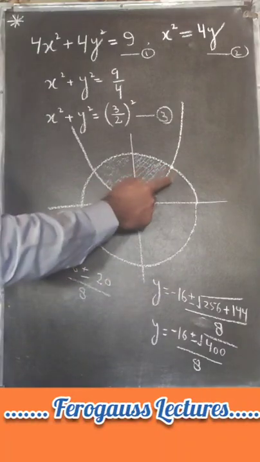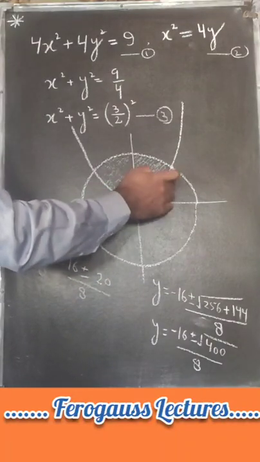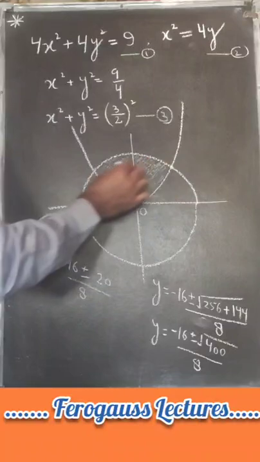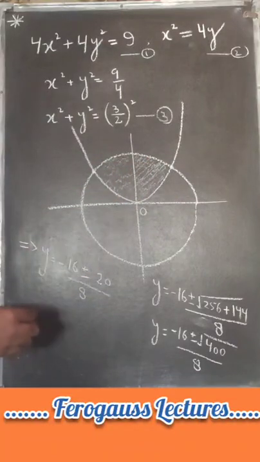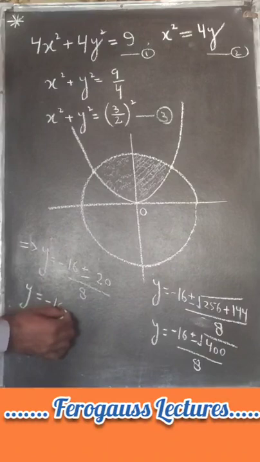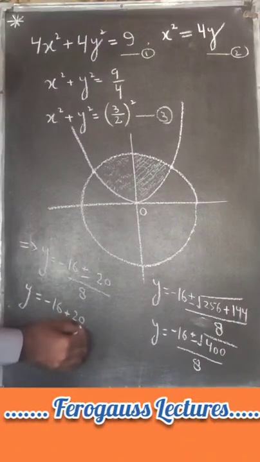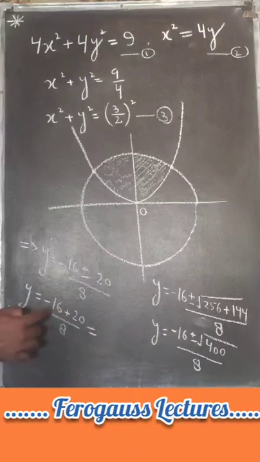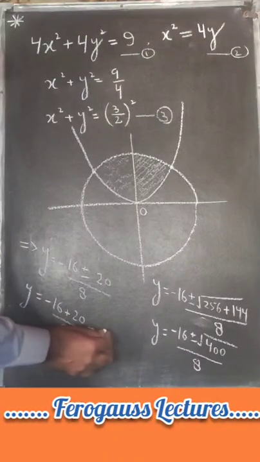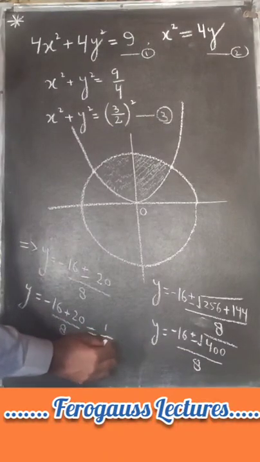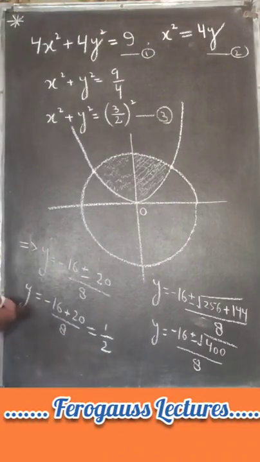But here y cannot be negative, y is positive at both points, here and also here. So we have to take this plus sign, so we get y is equal to minus 16 plus 20 divided by 8, and that is equal to 20 minus 16, that's 4, divided by 8, that is equal to 1 by 2. So we get y is equal to 1 by 2.